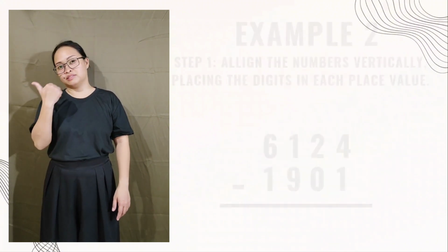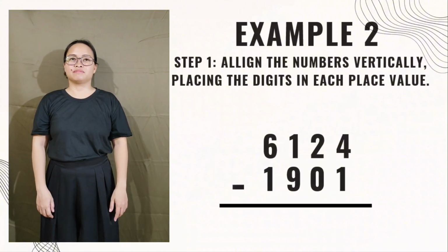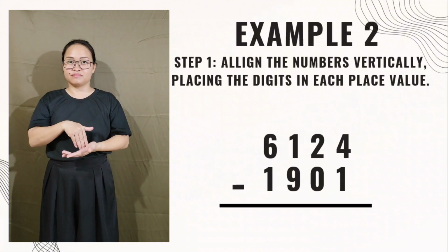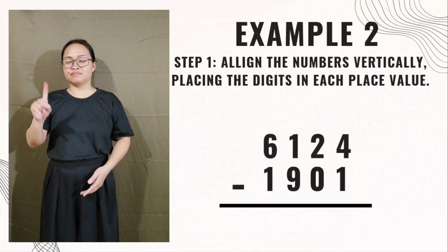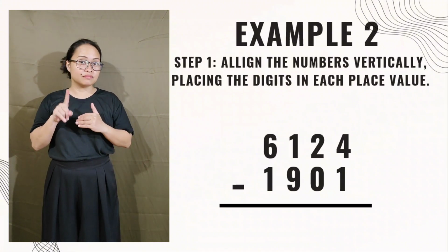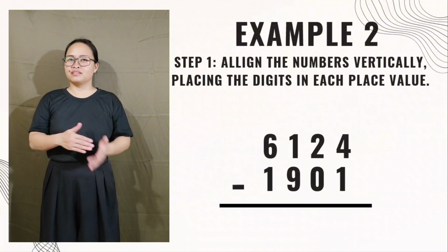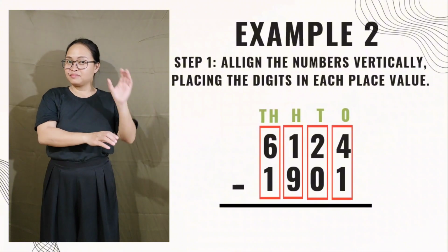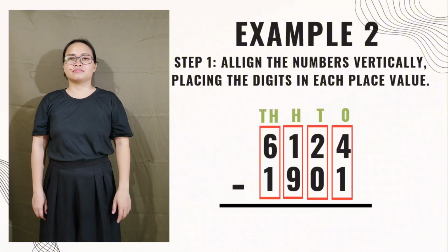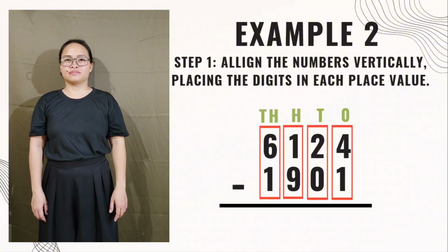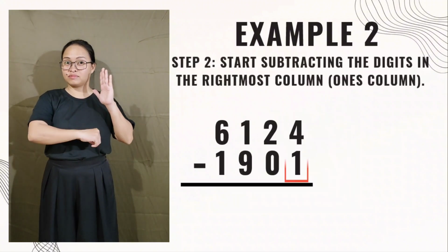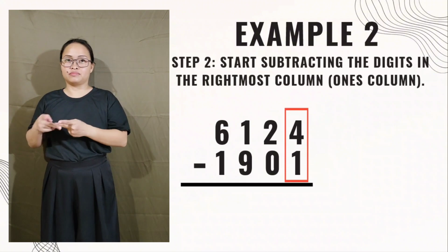Another example. 6,124 minus 1,901 is equal to. Following the steps, let's align the numbers vertically, placing the digits in each place value. Now let's start subtracting in ones place. 4 minus 1.